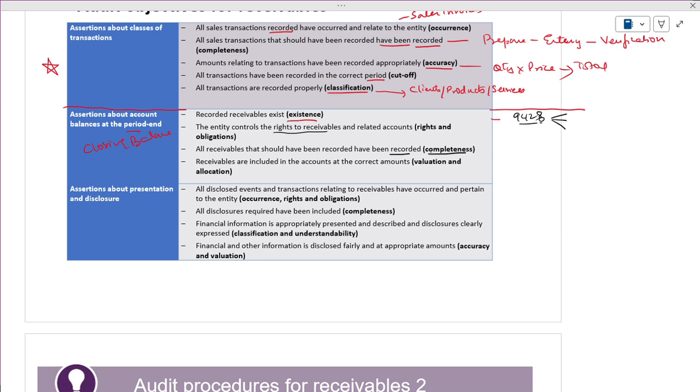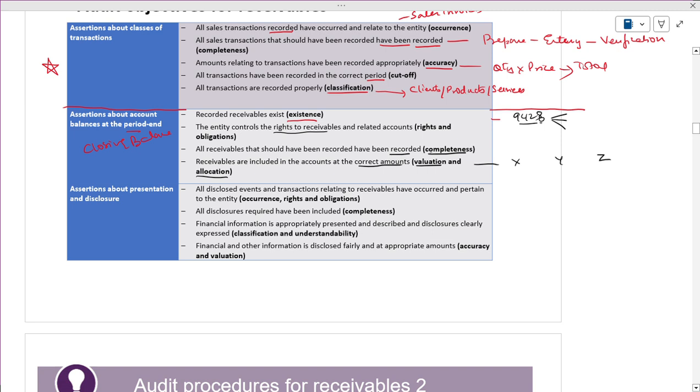Somebody is recording, one person is recording, another person has to reconfirm. When we do the reconfirmation, only then will it lead to completeness. Receivables are included in the accounts at the correct amounts in terms of valuation or allocation. Say you have customers X, Y and Z, 3 customers.